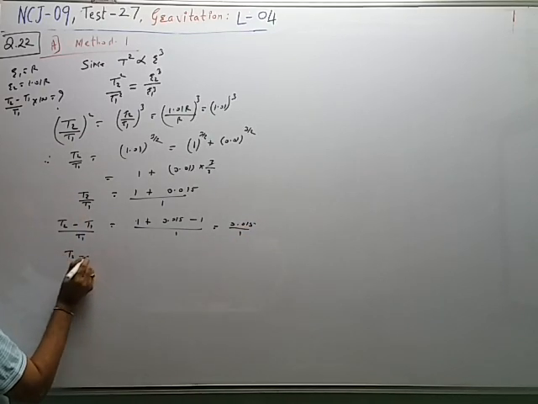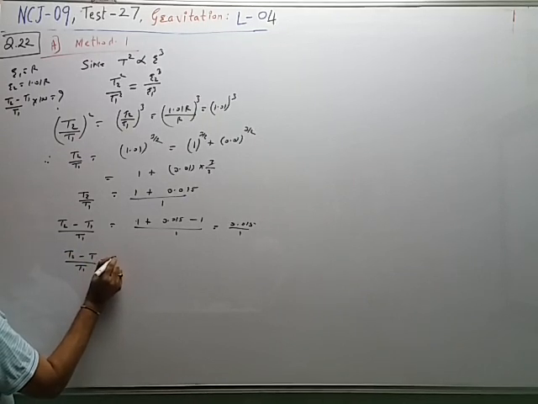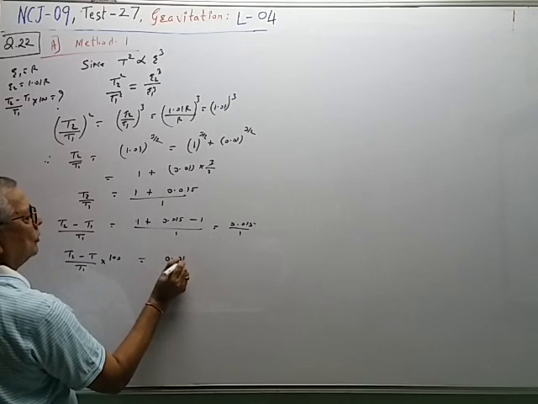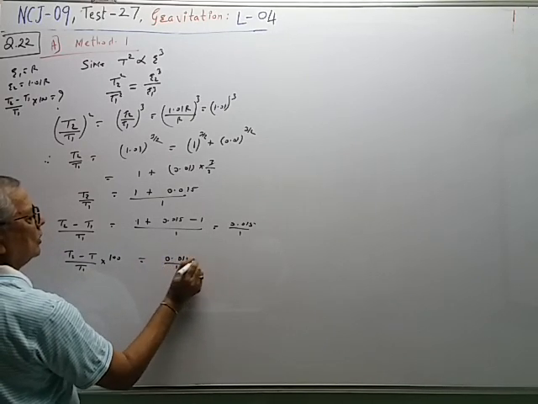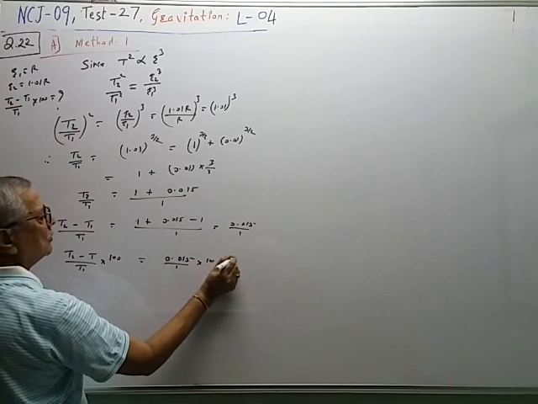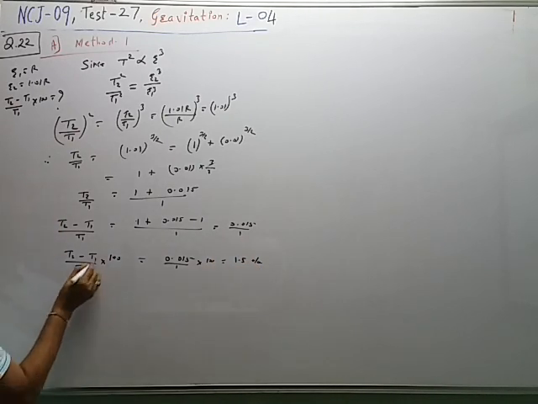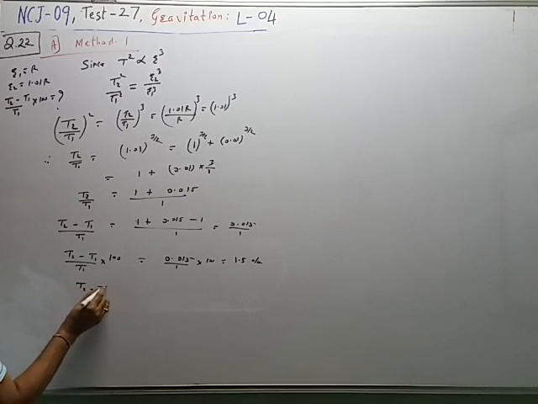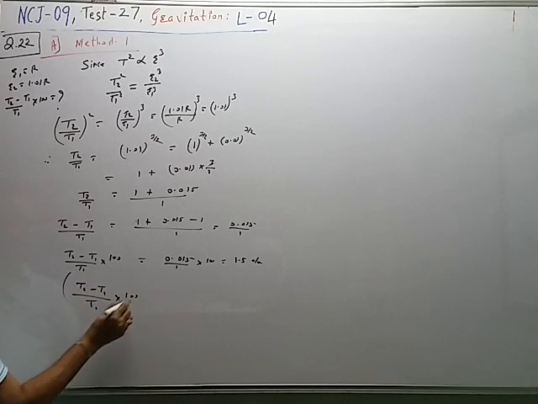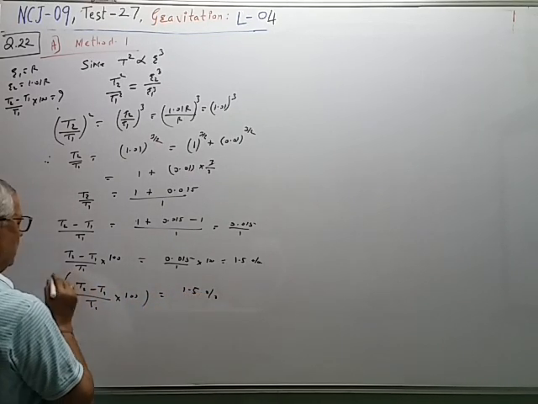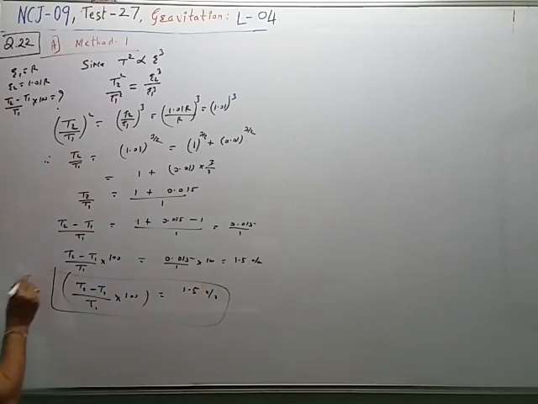Therefore T2 minus T1 upon T1 multiplied by 100 is equal to 0.015 upon 1 multiplied by 100, that is equal to 1.5%. So T2 minus T1 upon original value T1 multiplied by 100 is equal to 1.5%. This is the first method.